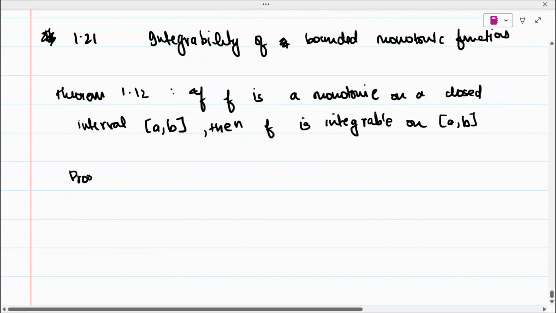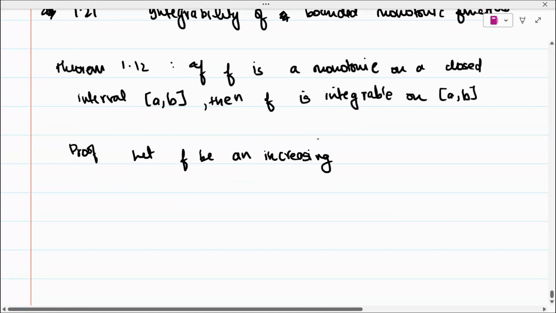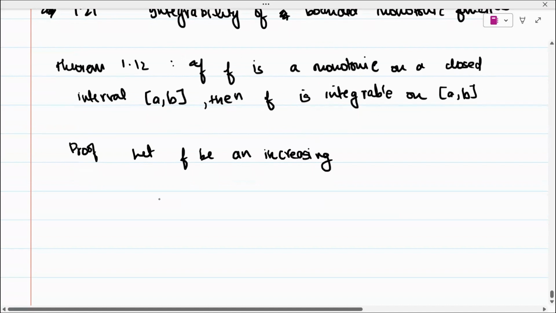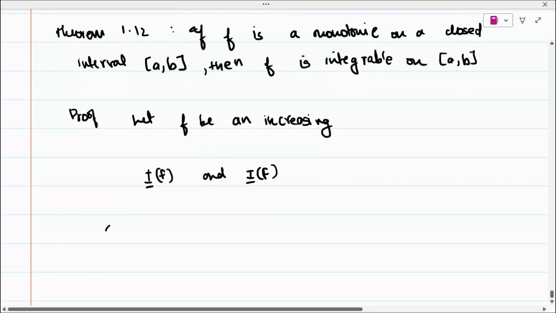So, proof. Monotonic means it is either an increasing function or a decreasing function, so if x_k is greater than x_{k-1}. So in the lower integral, yes, and the upper integral, we have it. So let n be a positive integer.